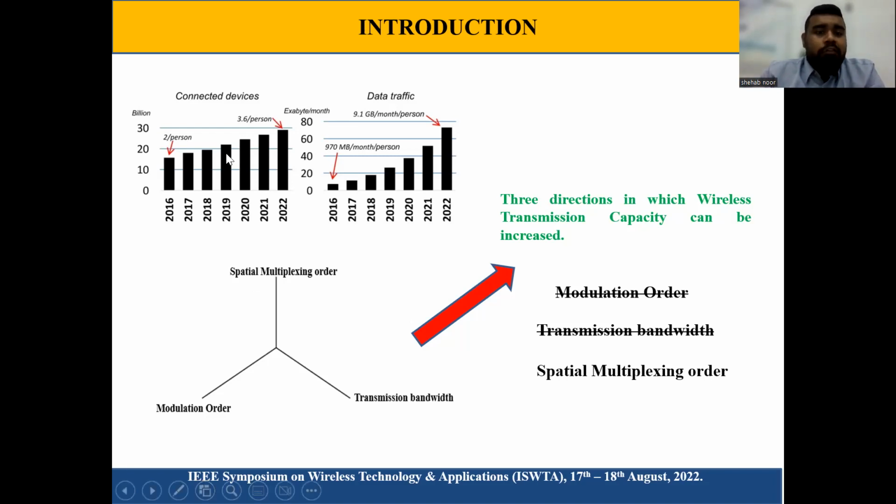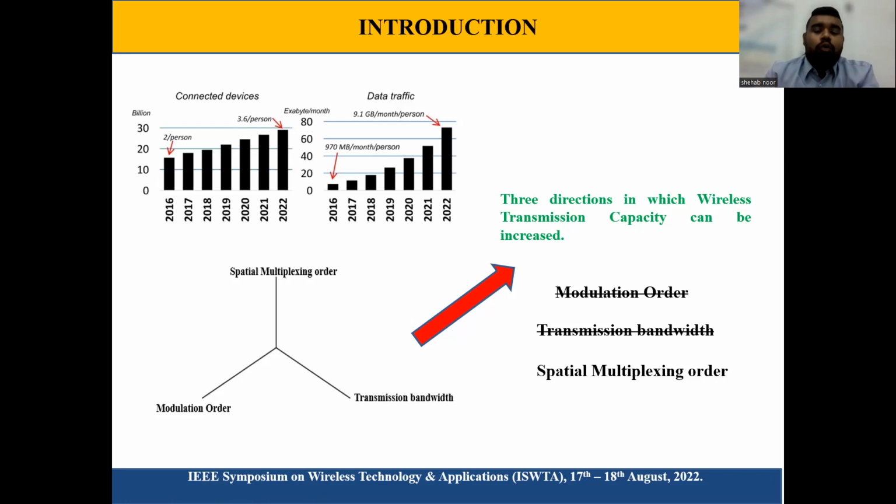We can see that on average, in 2022, a person has 3 to 4 wireless connected devices. And from this graph, we can see that on average in 2022, a person consumes around 9.1 GB of mobile data every month. And it is going to increase in the coming future as well.